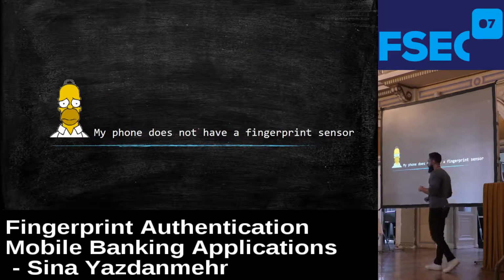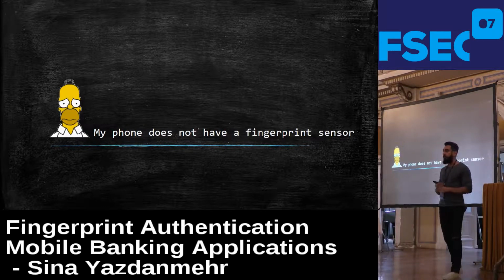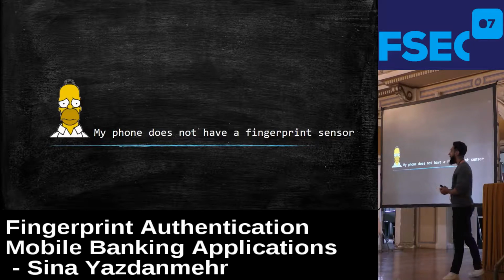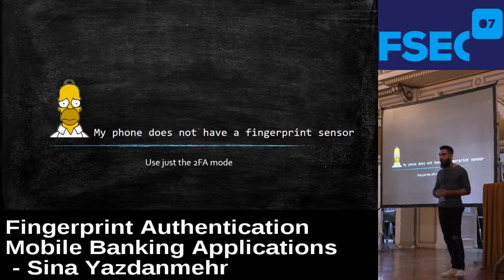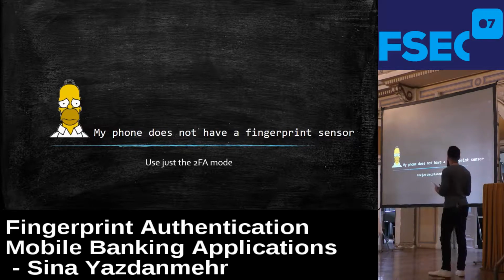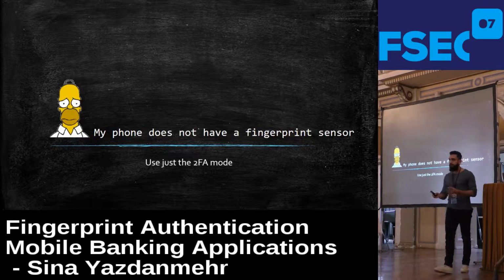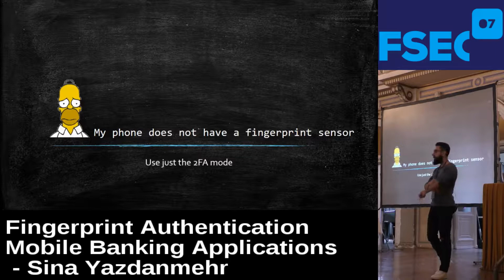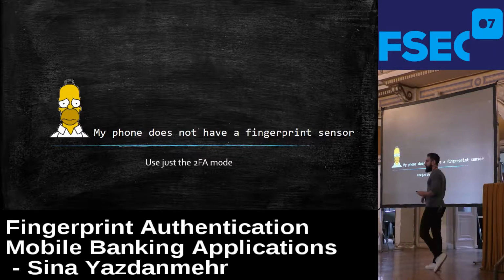But there are a couple of old phones which don't support the fingerprint sensor yet. And a good application must support even old devices. So just imagine there is no fingerprint sensor in the world, and you can just use the PIN code. Proceed with everything like two-factor authentication mode.